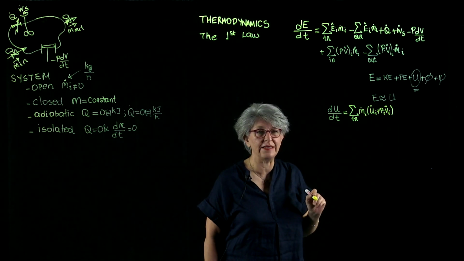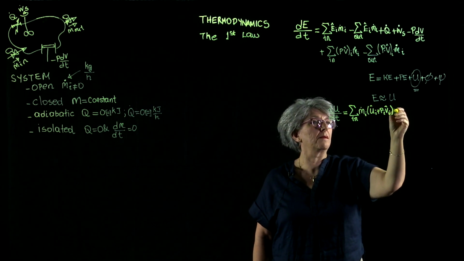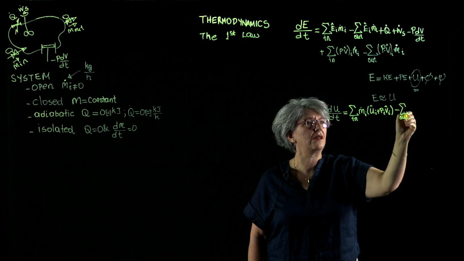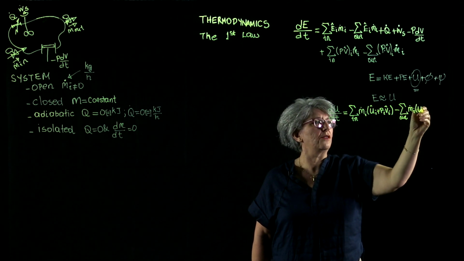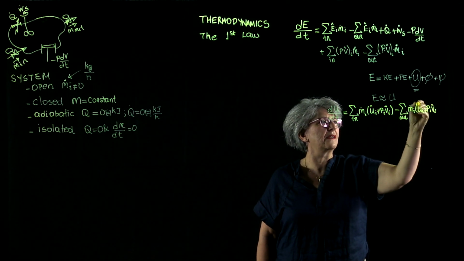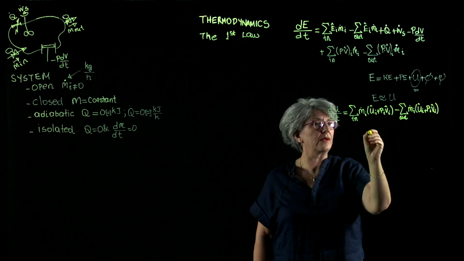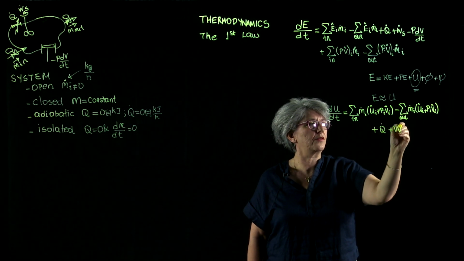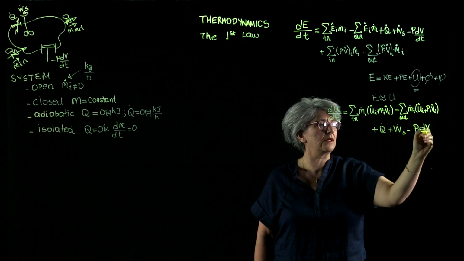And the hat means that it is per unit mass. I will come back. Minus summation of all the streams that are going out, m dot_i, u_i plus p_i v_i, plus Q dot, plus shaft work, minus P dV over dt.